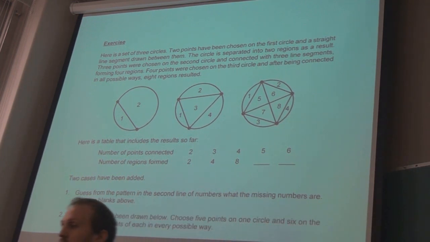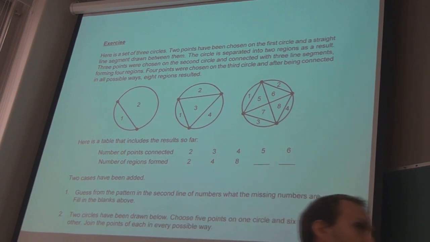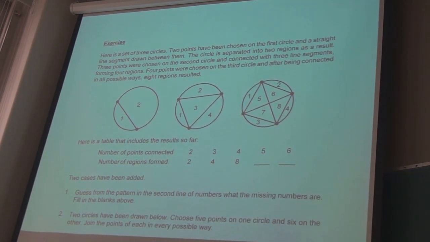Let's look at this. So I have circles, and I first put 2 dots on the circle, and then connect those dots with a line, and that breaks the circle up into 2 regions. Then I increase the number of dots to 3 dots, making a little triangle, and that's all the possible lines between pairs of dots.